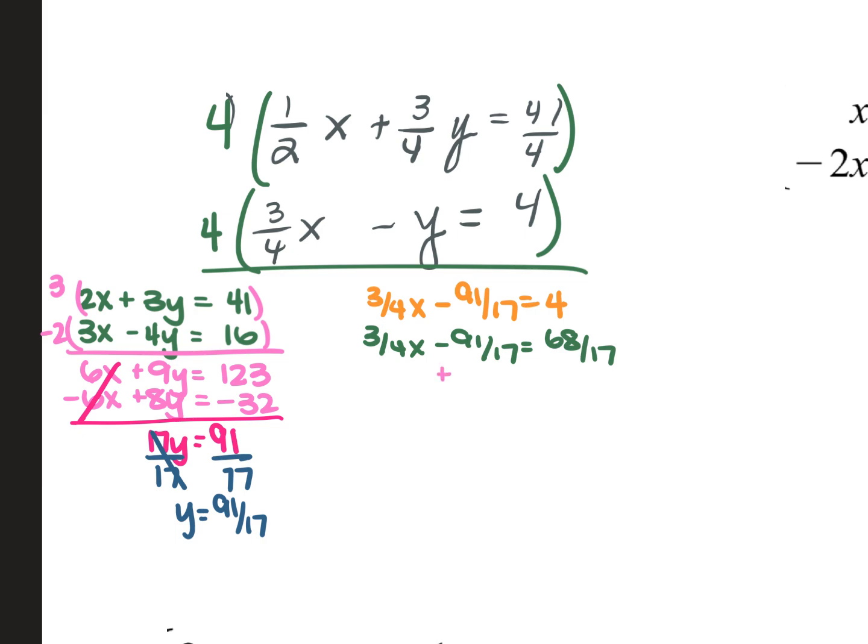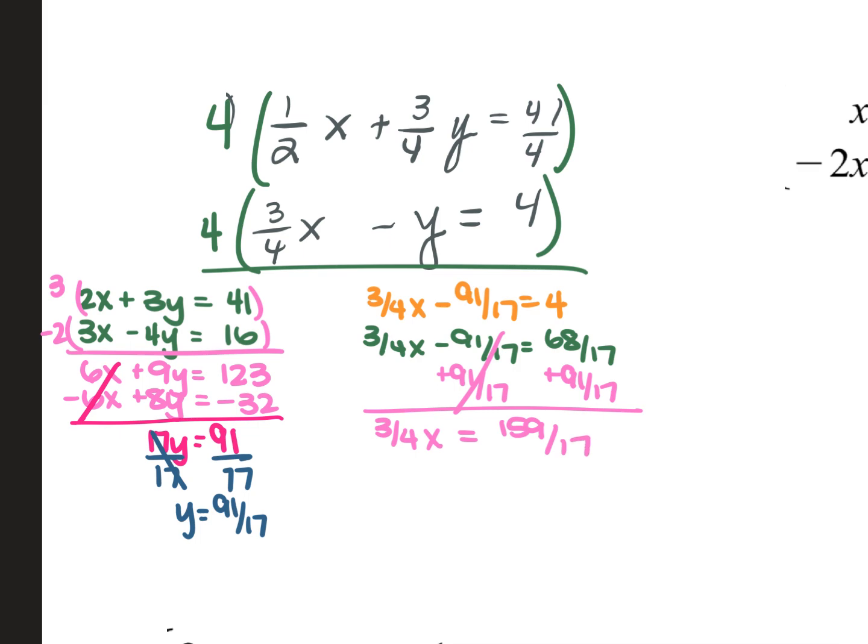So from here, we add that 91 over 17 to both sides. And that'll leave you with 3/4 x is equal to 159 over 17.